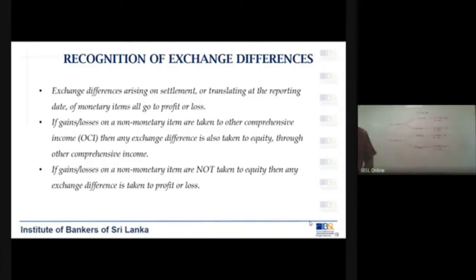The translation of a foreign operation could result in a translation gain or a translation loss.